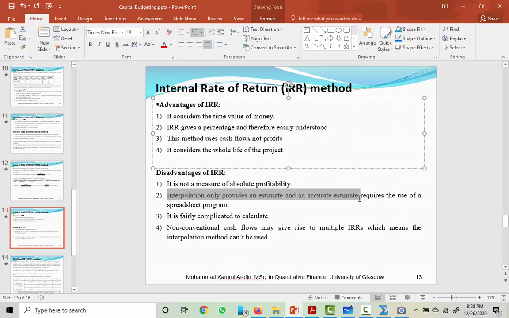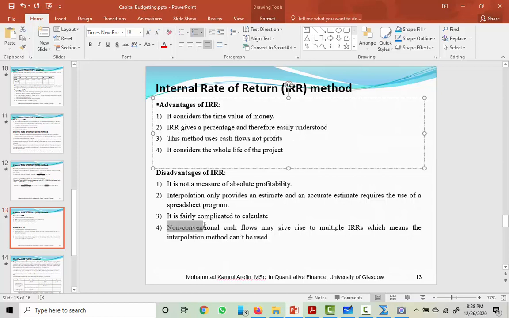But if you want an accurate result, you will need to use a spreadsheet program like Microsoft Excel or a financial calculator. Well, it is fairly complicated to calculate, because you need some basic understanding of time value of money, or some financial knowledge, right?